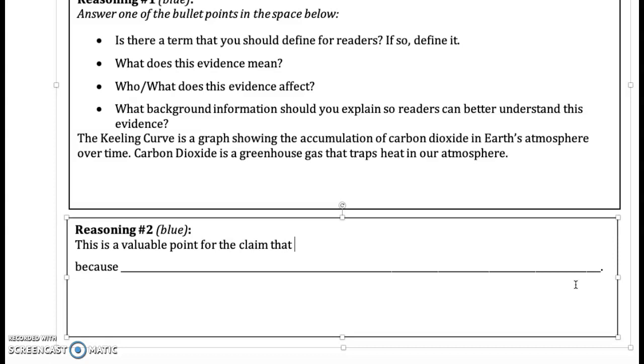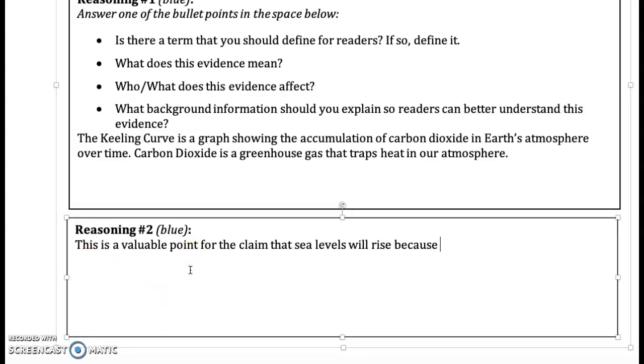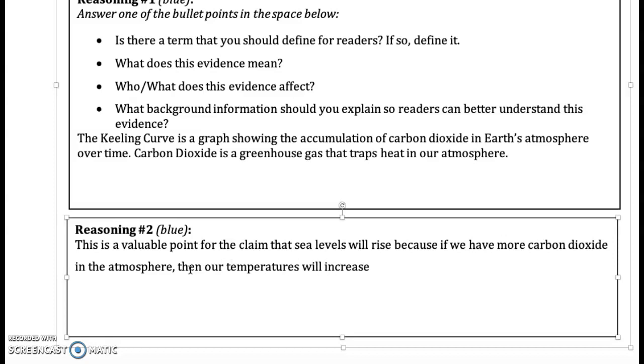This is a valuable point for the claim that sea levels will rise because we have more carbon dioxide in the atmosphere, then our temperatures will increase, which can cause glaciers to melt and land to be covered in water.